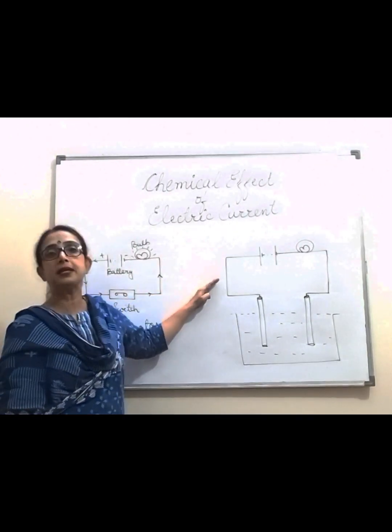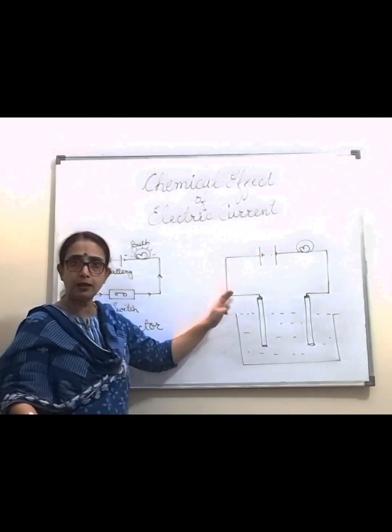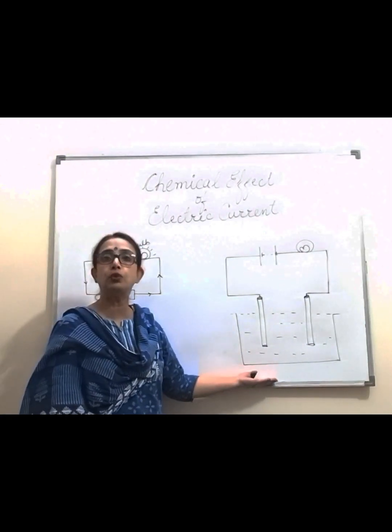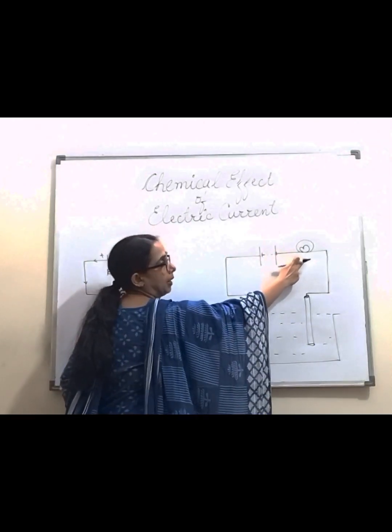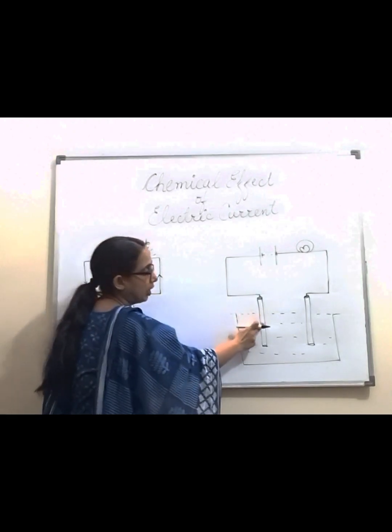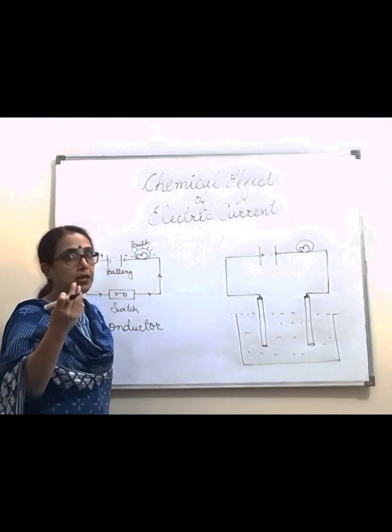Now a new topic is there which we are going to discuss. You find a similar kind of arrangement or circuit, but there is something new here. This is the battery, this is the bulb, and in place of the switch, I have taken two conducting rods. They can be any rod.